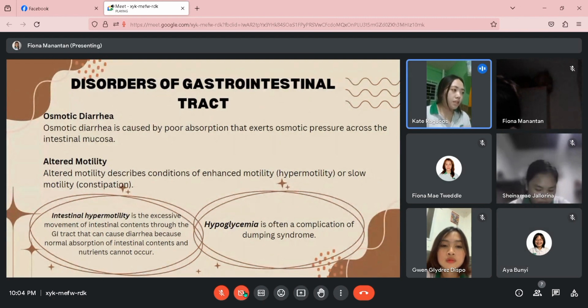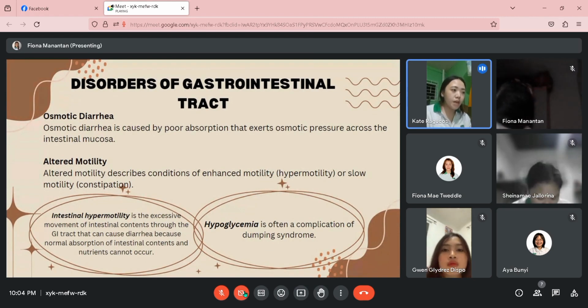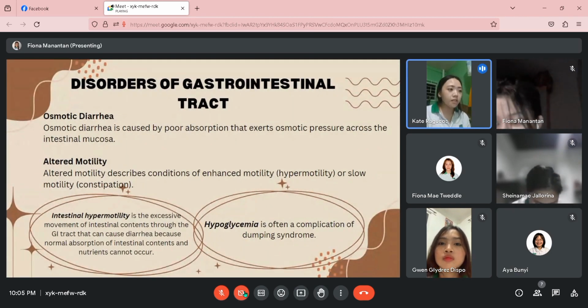Next, steatorrhea. Detection of steatorrhea or fecal fat is useful in diagnosing pancreatic insufficiency and small bowel disorders that cause malabsorption. Absence of bile salts that assist pancreatic lipase in the breakdown and subsequent reabsorption of dietary fat, or primarily triglycerides, produces an increase in stool fat that exceeds 6 grams per day.